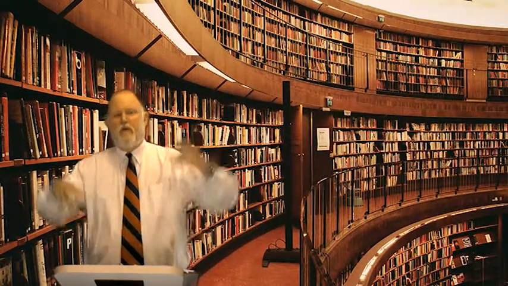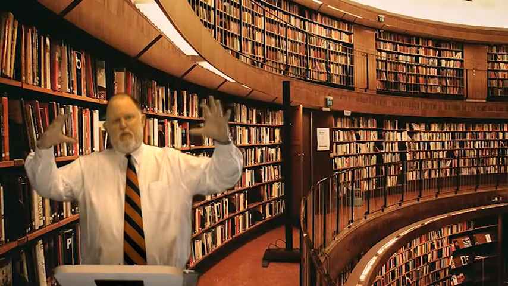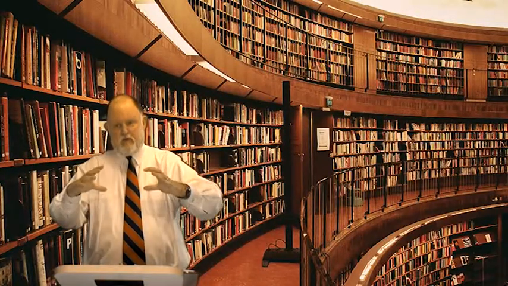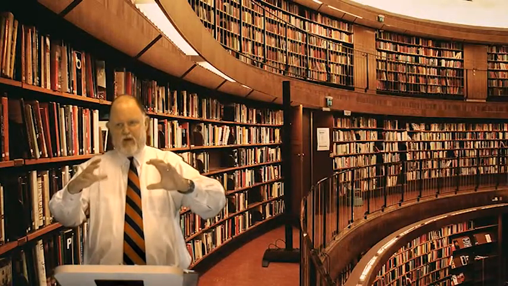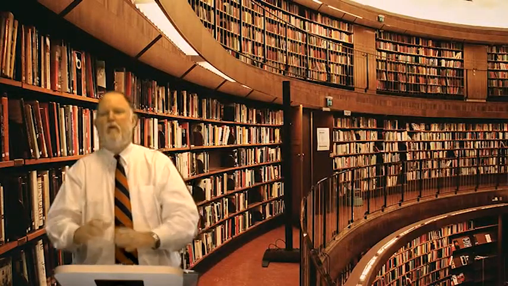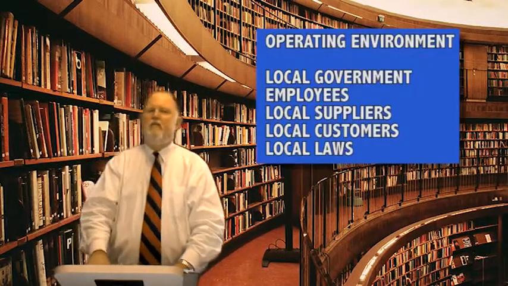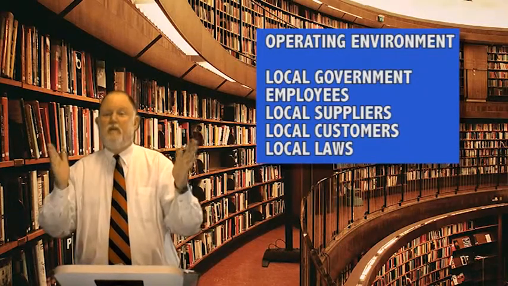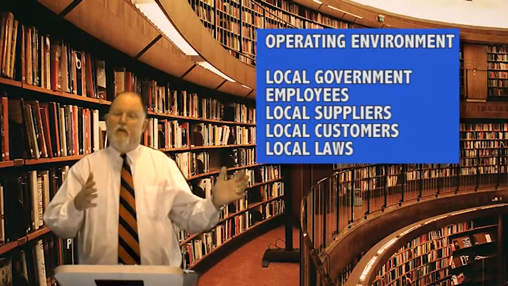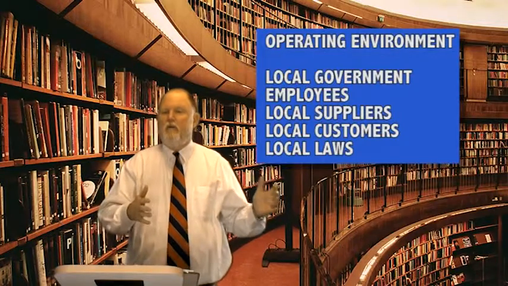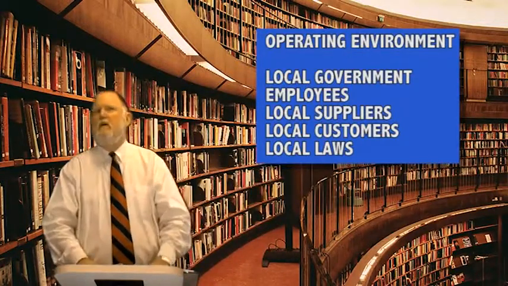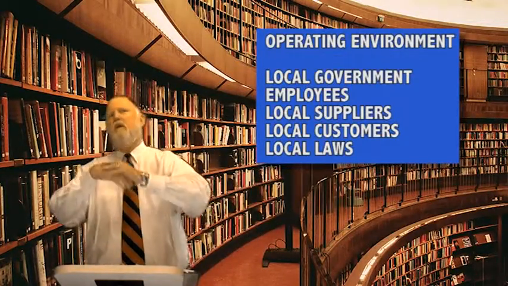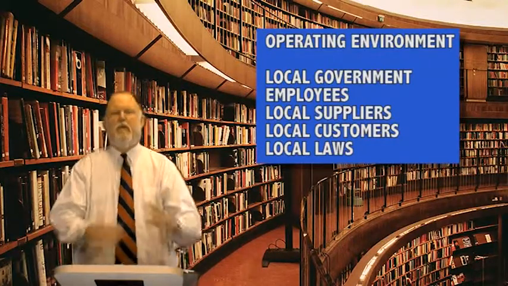Now, we've talked about the remote environment. We talked about the industrial environment, Michael Porter and his famous 5 forces model. Now we're going to talk about the operating environment. The operating environment is really like the remote environment, basically the same players. Remember, in the remote environment, we had something called labor force, unemployment, national employment rate, et cetera, et cetera.